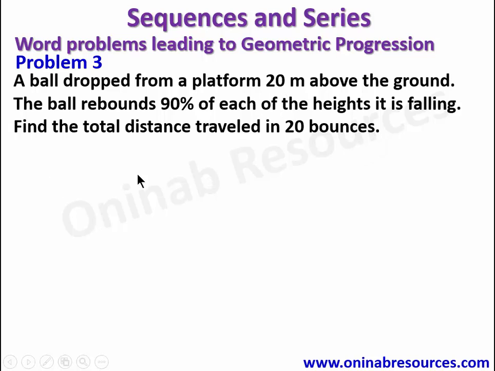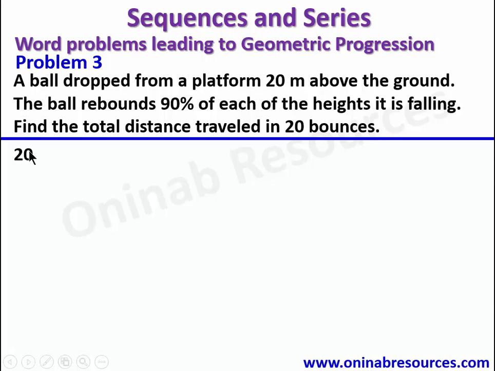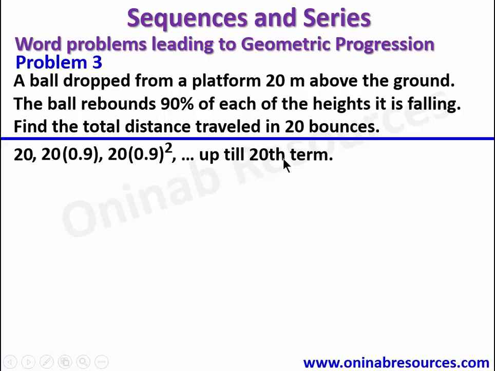Okay, so here the first bounce is 20, the next one is going to be 20 times 0.9, because this is reduction, that is the ball rebounds 90% of each of the heights it is falling. So the second bounce is going to be 20 times 0.9, and the third bounce will be 20 times 0.9 squared, and so on up till 20th term.